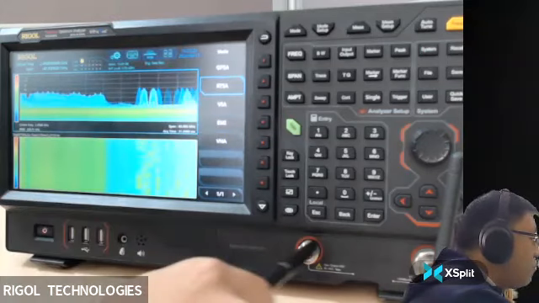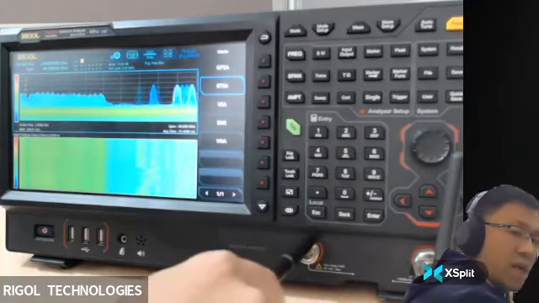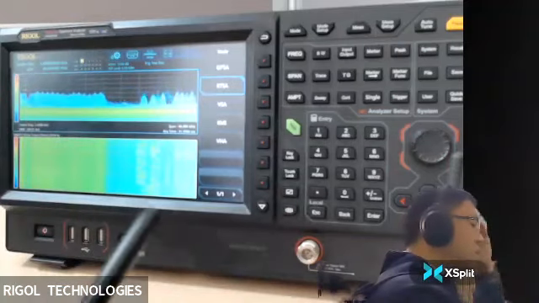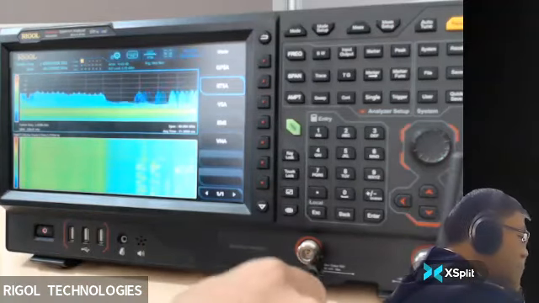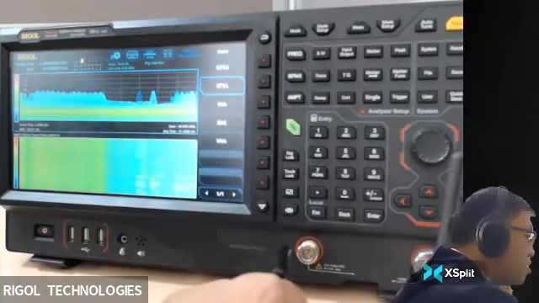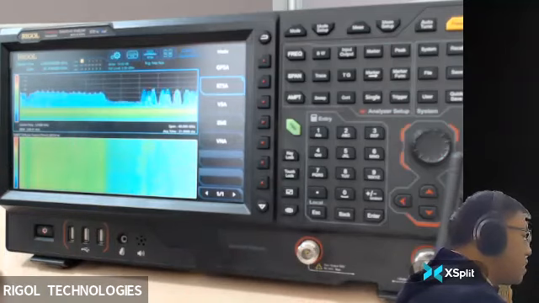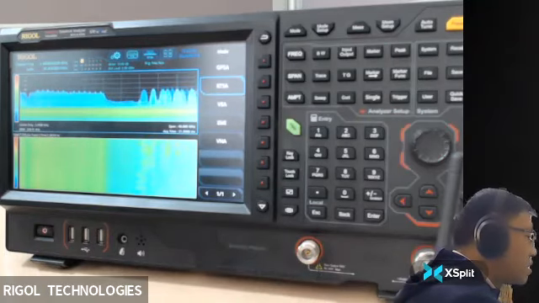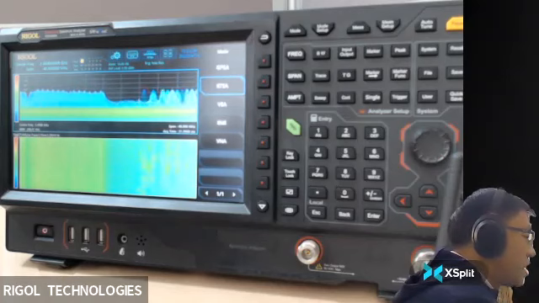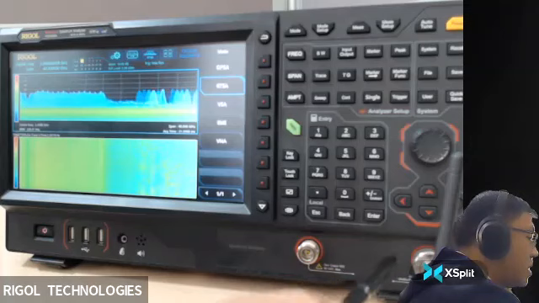We have 2 ports in front of the spectrum analyzer, like this. The left one is the tracking generator. It generates a synthesized sine wave signal, and the frequency is adjustable. The right-hand side port is the receiver side.